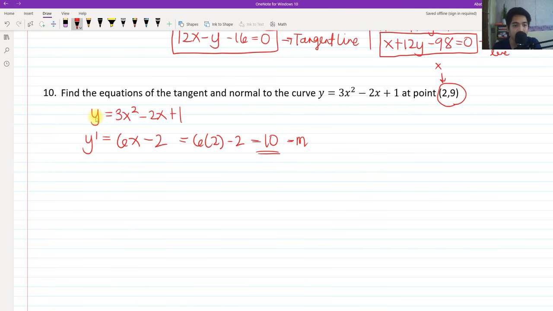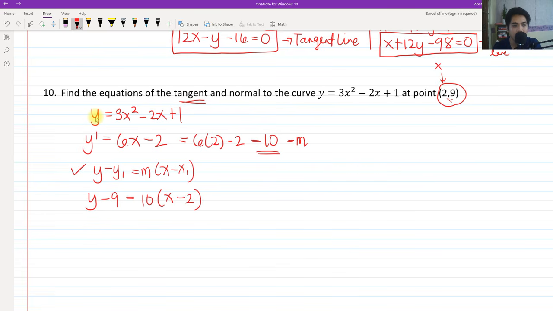And we are going to use, again, the point slope form to find the equation of the tangent line on this problem. So we have y minus y sub 1, which is 9, equals 10 times x minus x sub 1, which is 2.